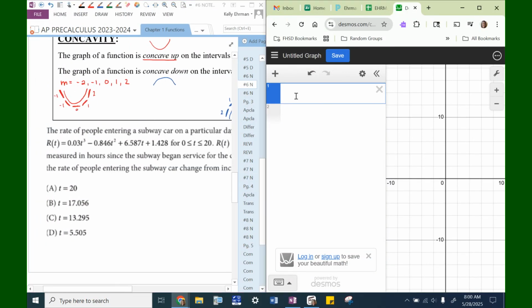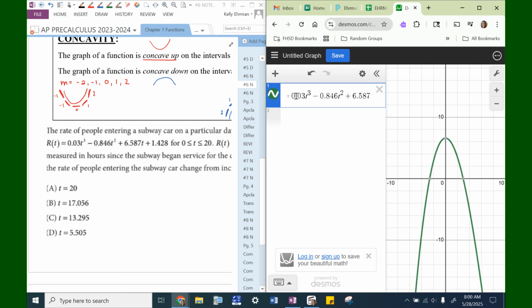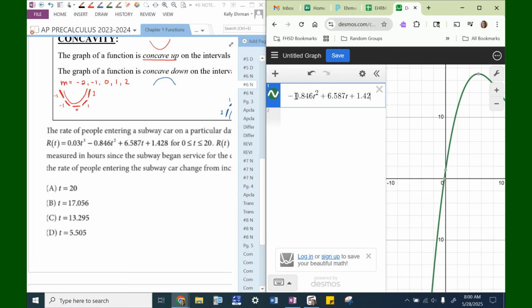So you can call this R of t equals, and then just be careful about typing it in exactly as it looks. I put in the zeros just so that it's easier for me to spot check. Plus 1.428.